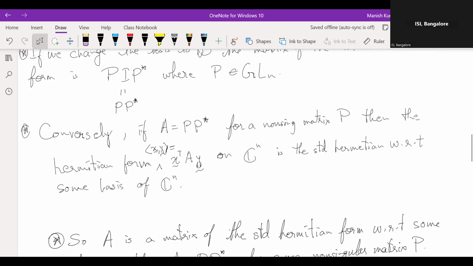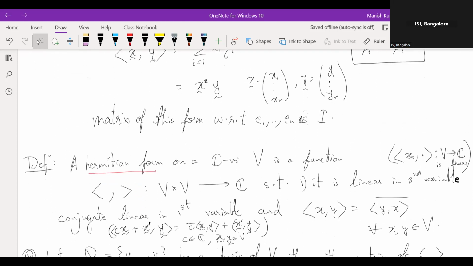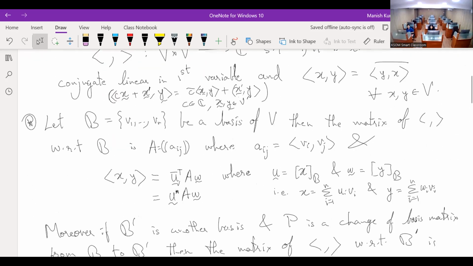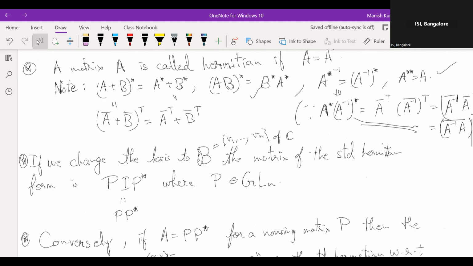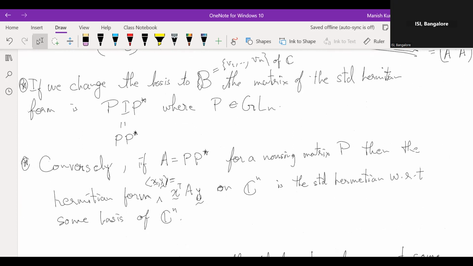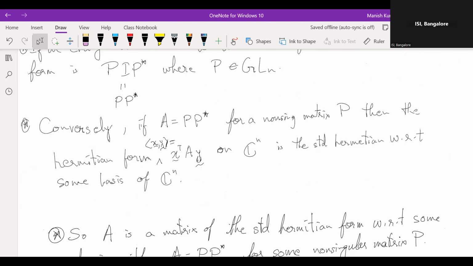You can define a Hermitian form on any vector space, but the standard Hermitian form makes sense only on Cn. So this is only for the standard Hermitian form.